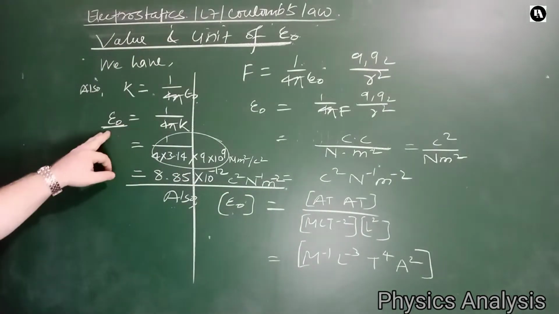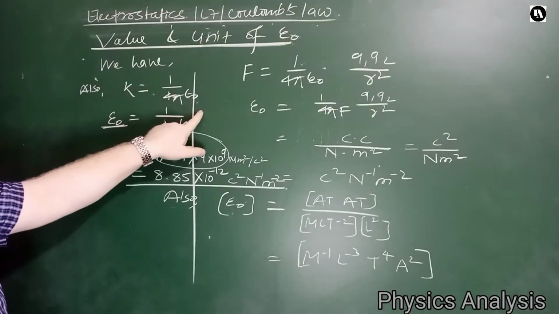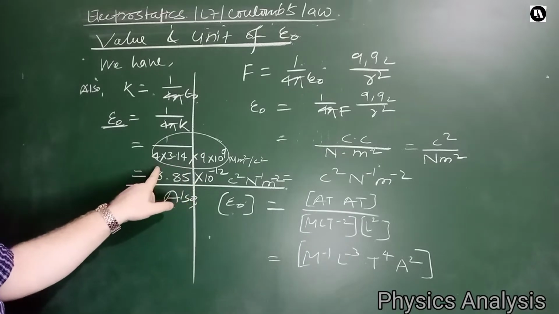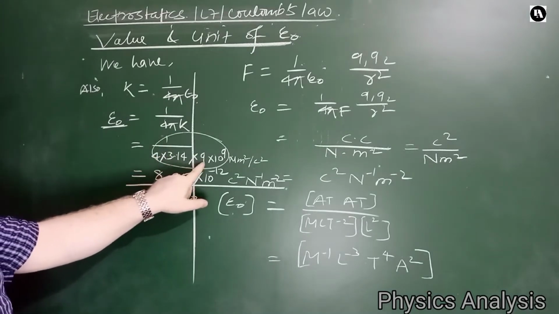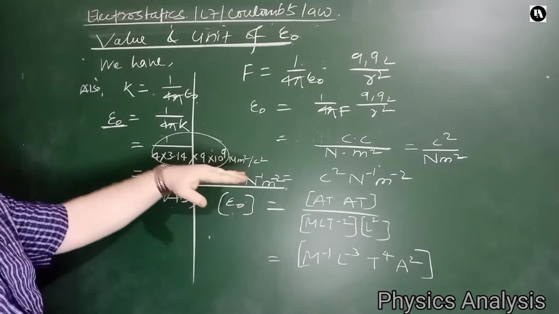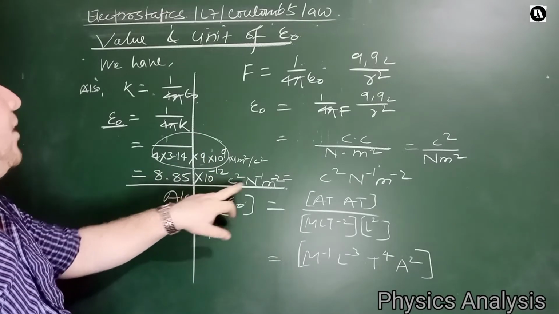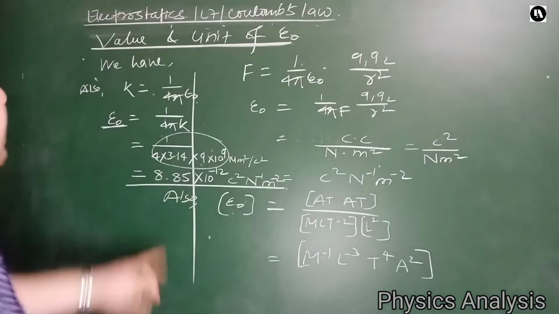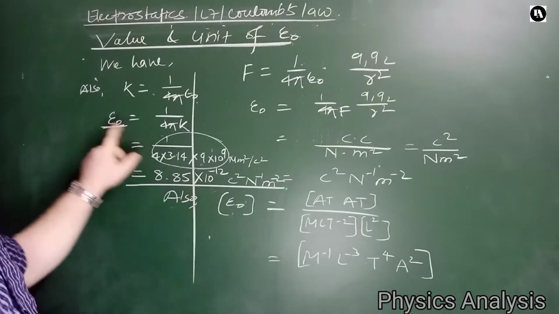So you can find out the value of epsilon naught using k is equal to 1 by 4 pi epsilon naught. Okay, so for k here you can write 1 upon 4 into 3.14 into 9 into 10 raised to 9 Newton meter square per coulomb square. That means the coulomb goes up, and then here it is coulomb square per Newton per meter square. 8.85 into 10 raised to minus 12. This is the value of epsilon naught.